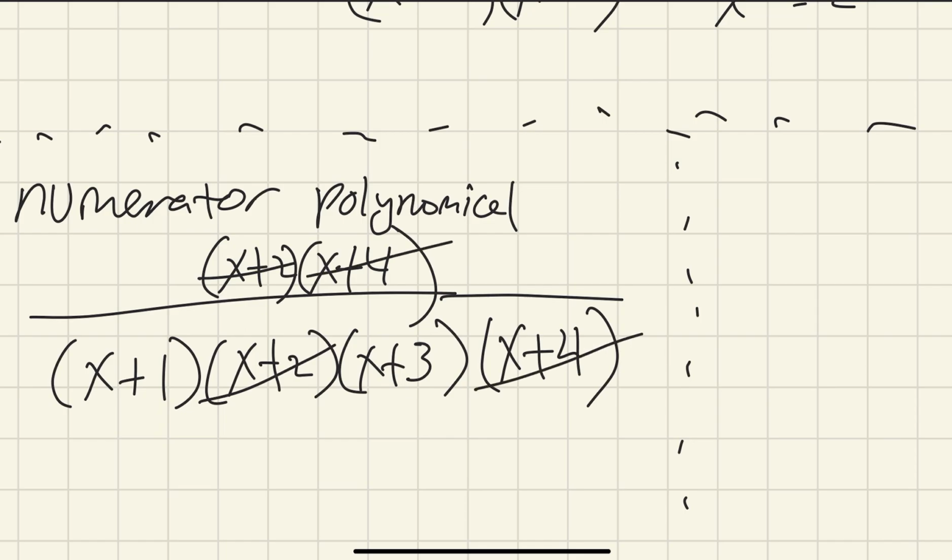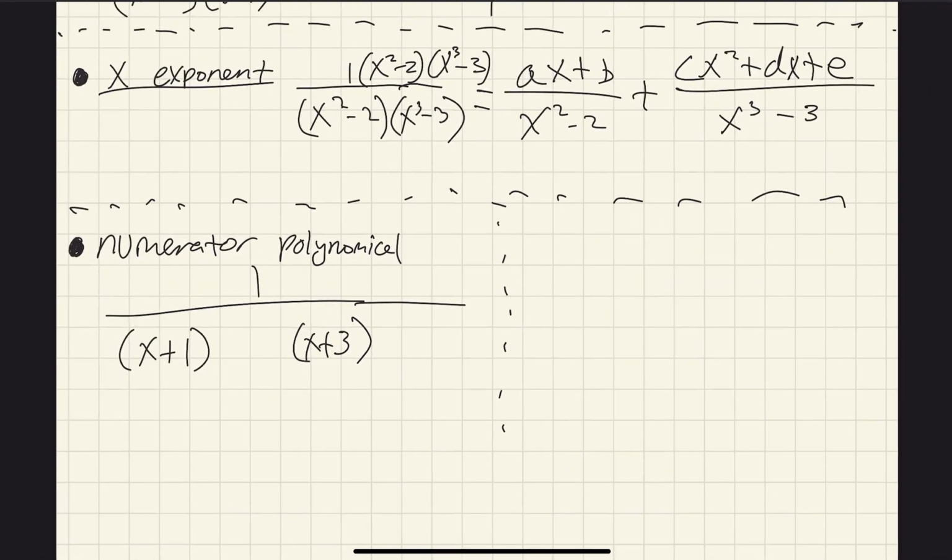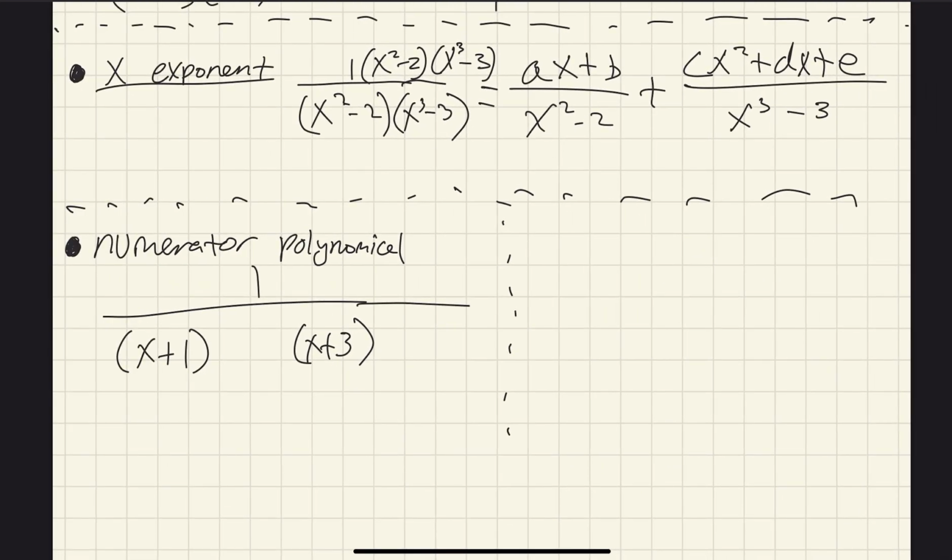So if we cancel all those out and remove them, you'd have the 1 here over x plus 1 and x plus 3. So now this looks a whole lot easier because your answer form is going to look like just that with way fewer terms.